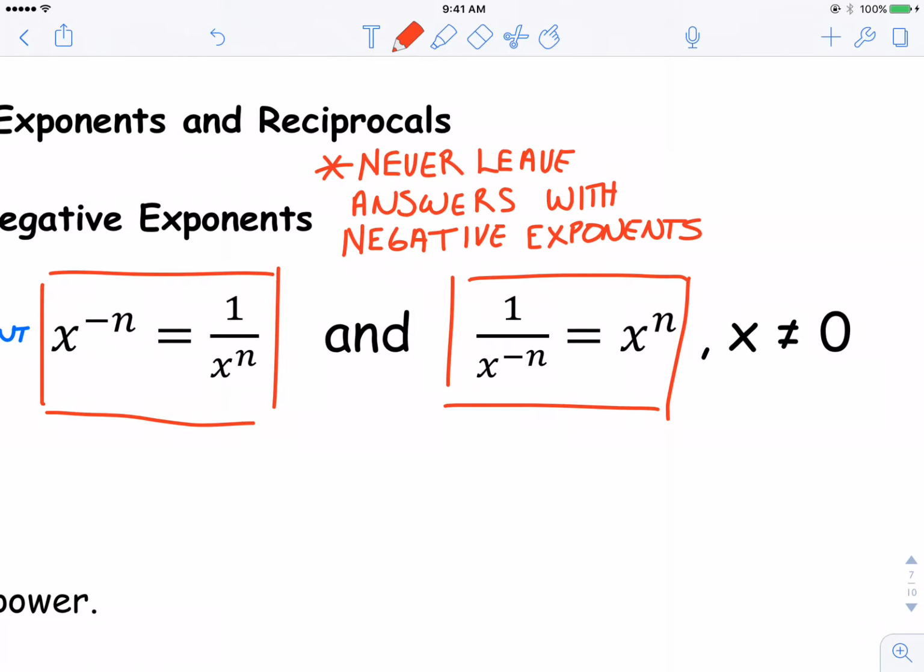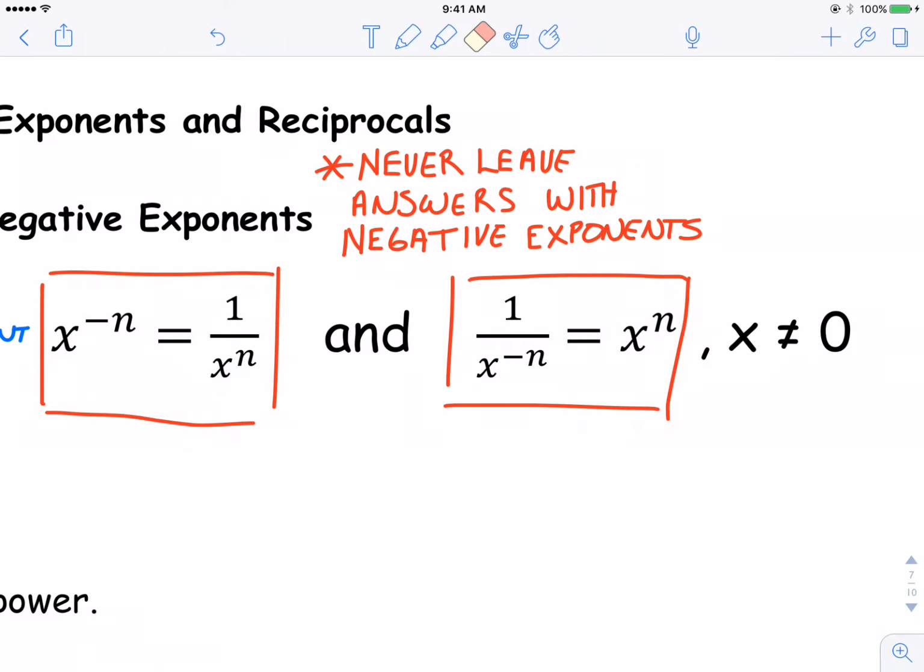The reason we need these is that we can never leave any answers with negative exponents. It's like reducing fractions. If you ever have a fractional answer, you can never have an unreduced fraction as an answer. So we always have to change them to positive. And you'll notice that our end result here, both of these are positive. Okay? So it's a rule that you have to remember.